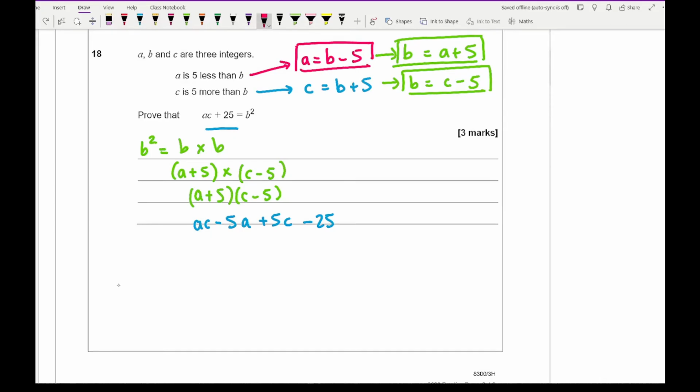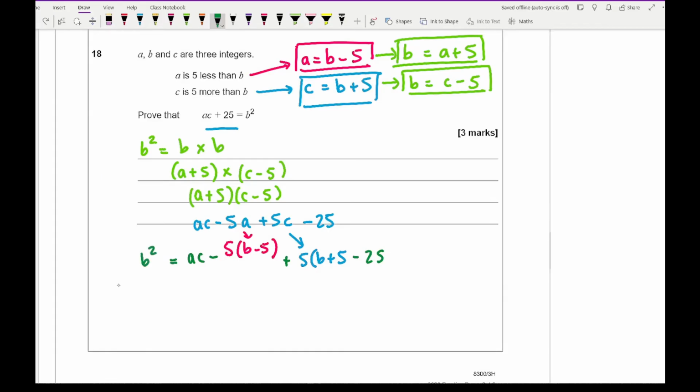So if I then use 5A as 5 lots of B minus 5, and I use this 5C as 5B plus 5, and then I add the 2 other things that I'm missing, so I've got AC and I've got minus 25, and this all equals B squared.